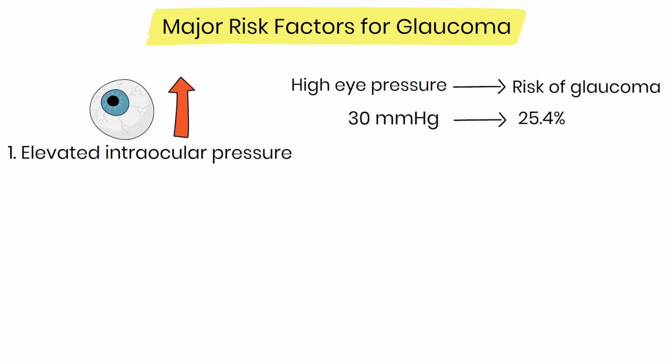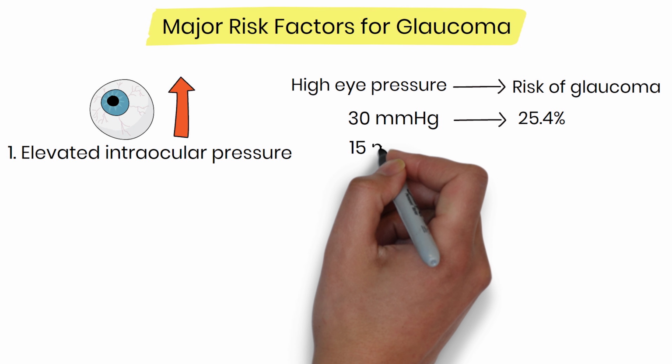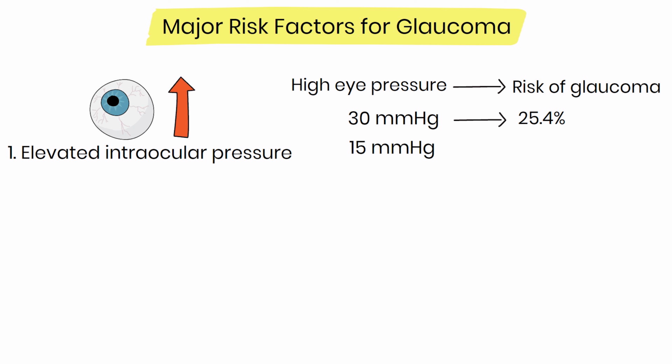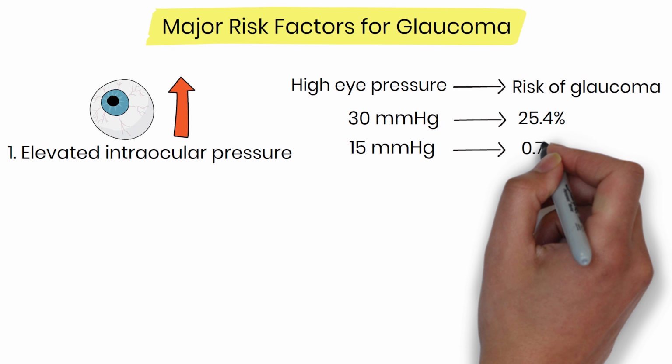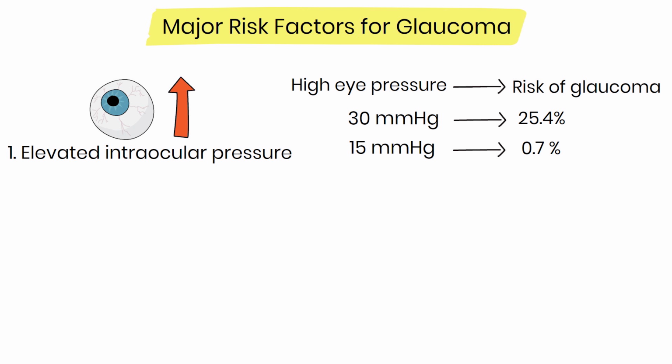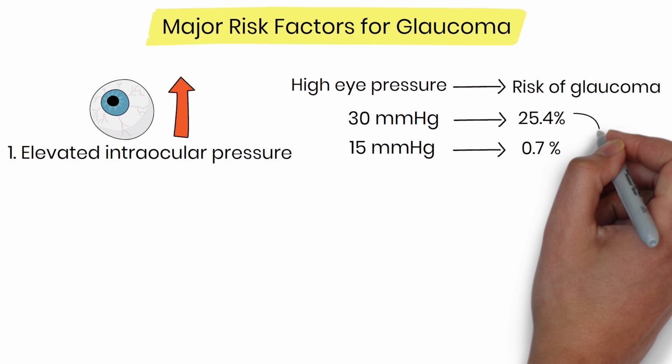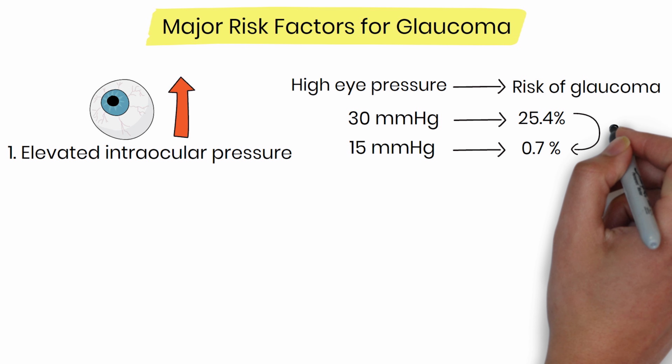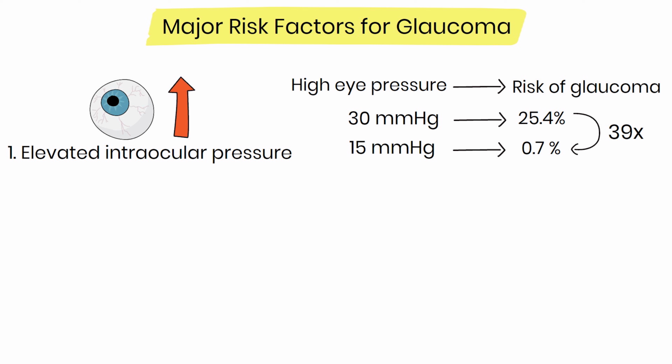In comparison, if your pressure is below 15 millimeters of mercury, your risk drops to just 0.7%. This means having an intraocular pressure of 30 millimeters of mercury gives you about 39 times higher risk than having an intraocular pressure below 15 millimeters of mercury. This is why regular eye exams are so important to check your eye pressure.